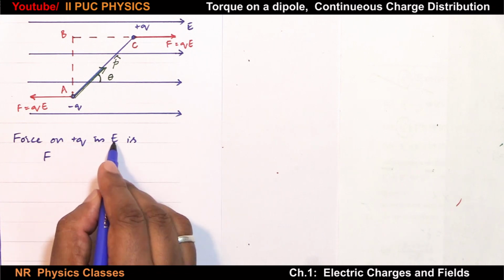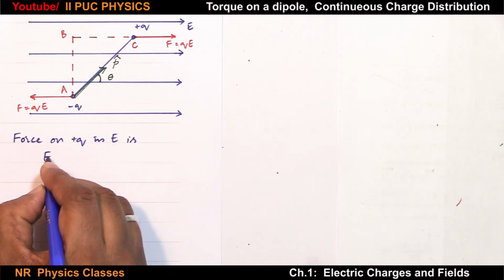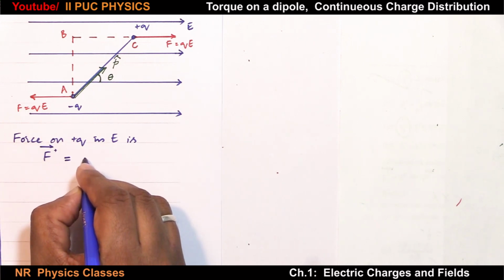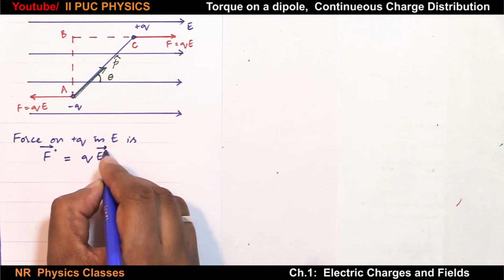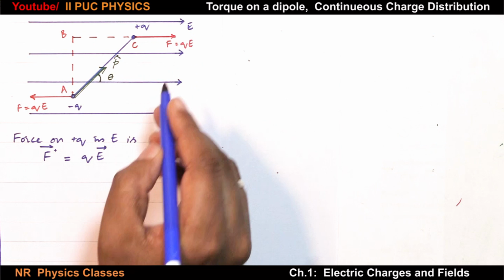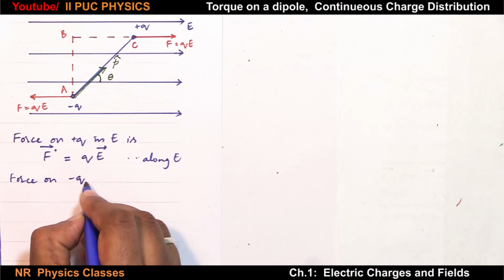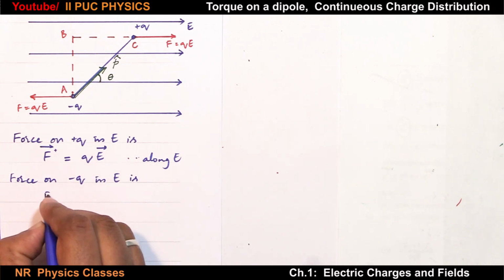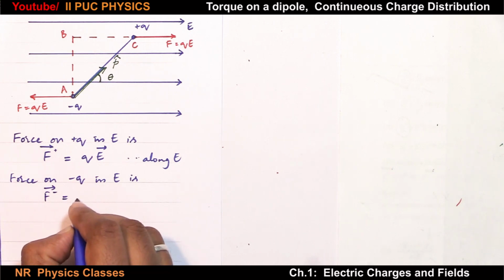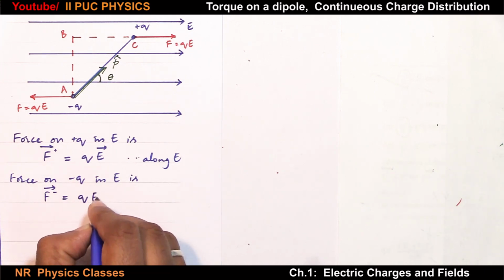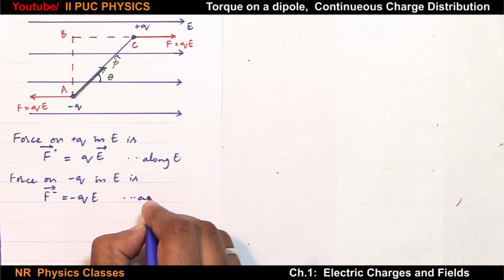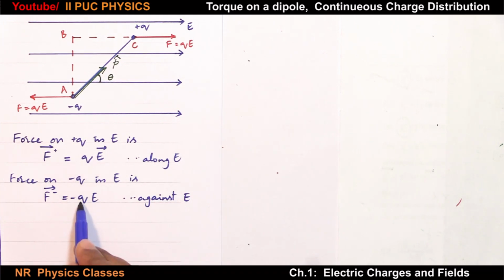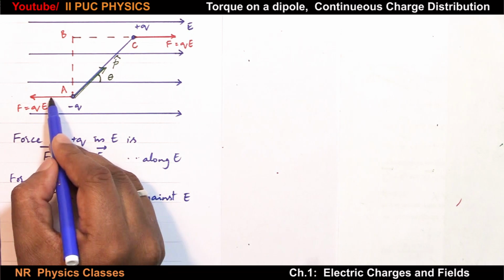Force on plus Q in electric field E is F due to the positive charge, equal to Q into E. The direction of this force is along E. Force on minus Q in electric field E is the force due to the minus charge, Q into E, against E. These two equal and opposite forces constitute a couple.